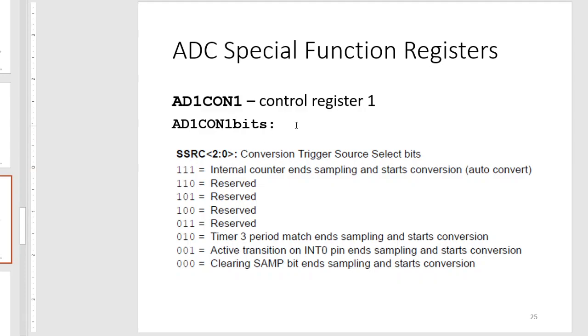More with our control register 1 are the SSRC bits, or the trigger source select bits. Usually we're just using the first one to auto convert, and if we want to manually convert by setting the SAMP bit, we set it as 000.